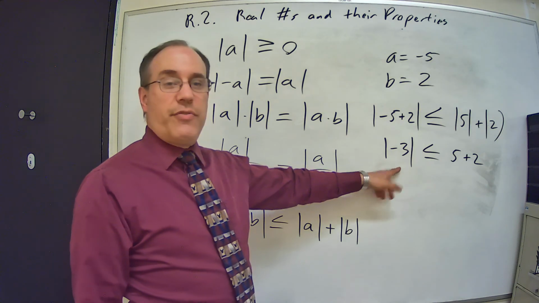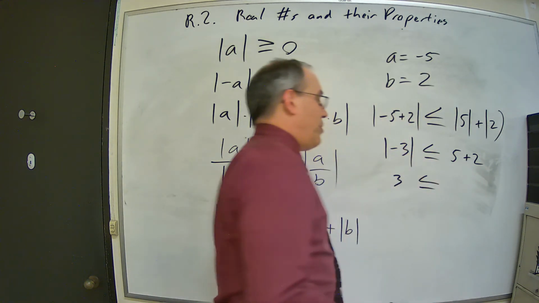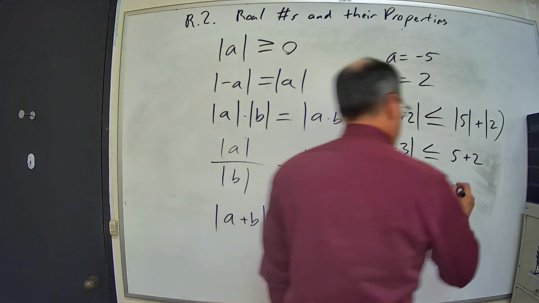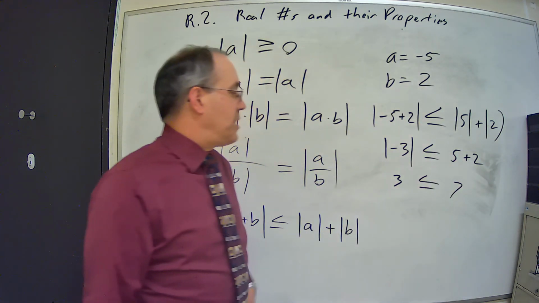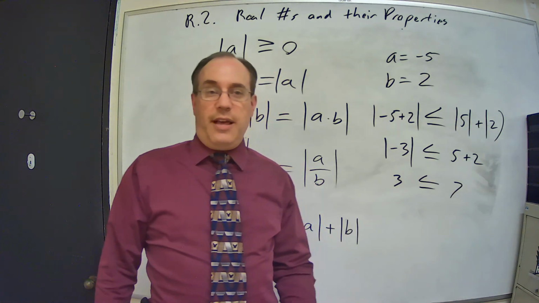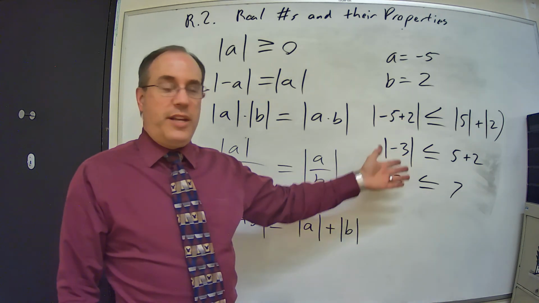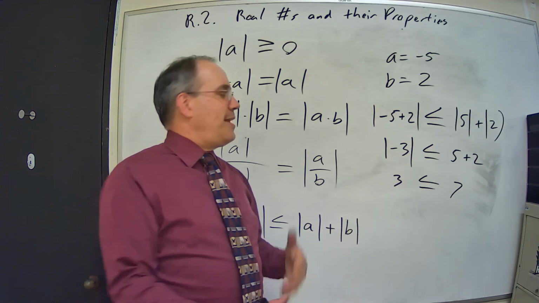The absolute value of -3 is 3, and 5 plus 2 is 7. And we see that 3 is less than or equal to 7.